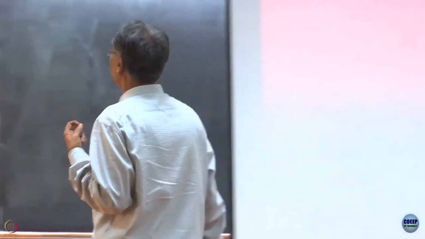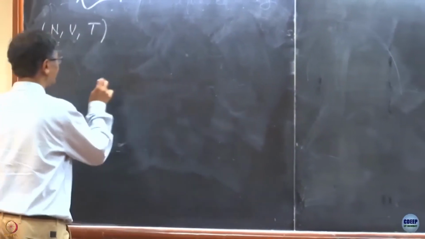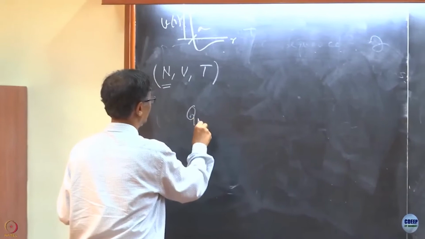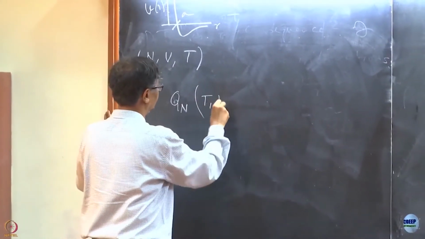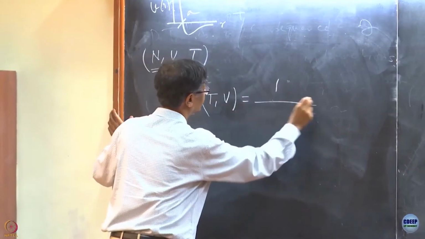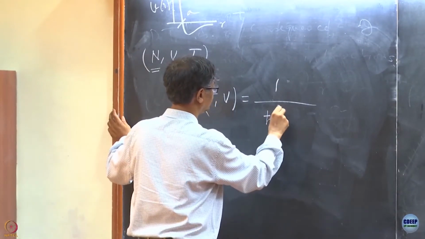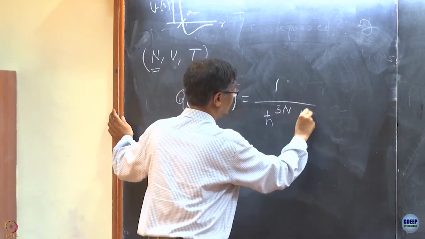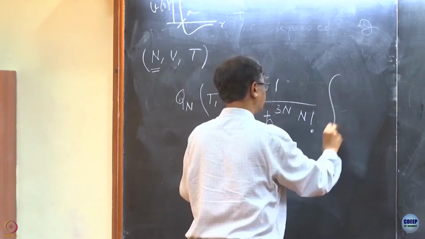Now I start this climbing. We have already introduced the notation. I am always a bit about 3N, or 3 by 2, I think 3N.